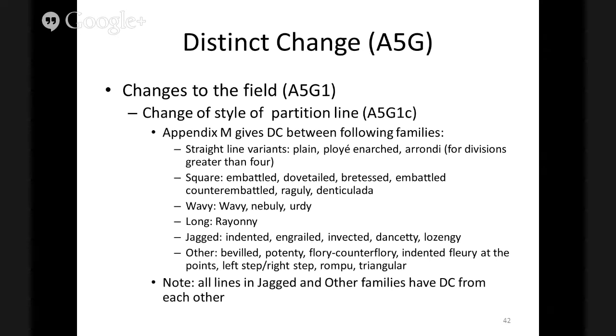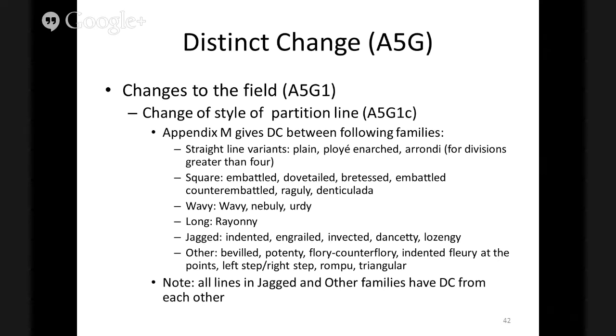Square includes embattled, dovetailed, bretessed, embattled-counter-embattled, raguly, and denticulata. Wavy, long, jagged, and other. Now, jagged and other are special. With all the other ones, you need to change families to get a DC. Jagged, each one of those actually counts separate. Same thing with other, because they're just weird.